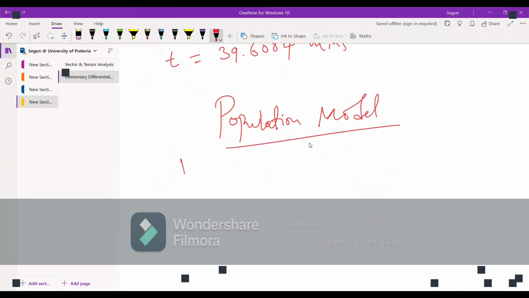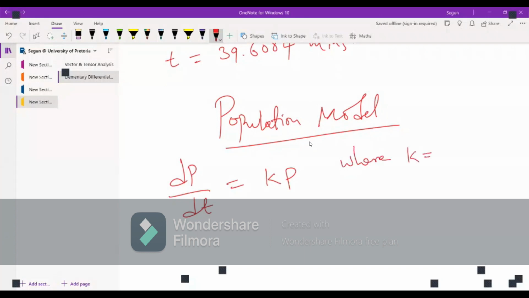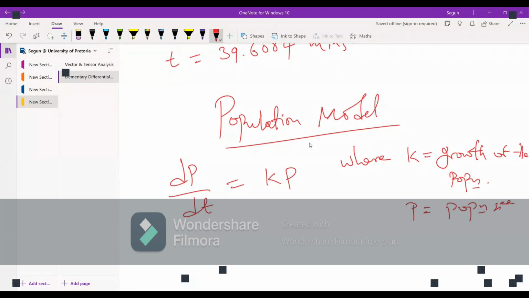Under the population model, we have dP over dt equals kP, where k is the growth rate of the population and P is the population size.